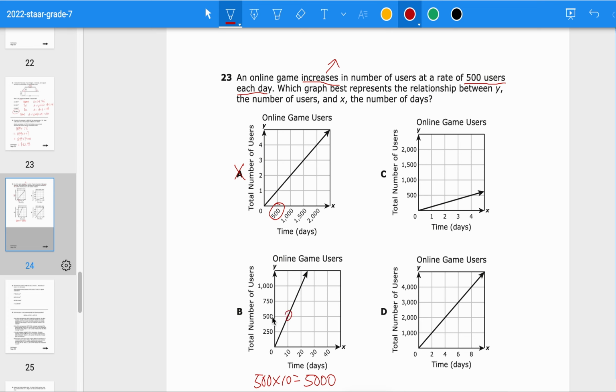So this is not right. C, 1 day. Okay, 1 day should be 500, should be here. So C is out. And D, time. So it's 2468. So if 2 days, we have 500 multiplied by 2, that should be 1,000, right? So here is right. D is correct.